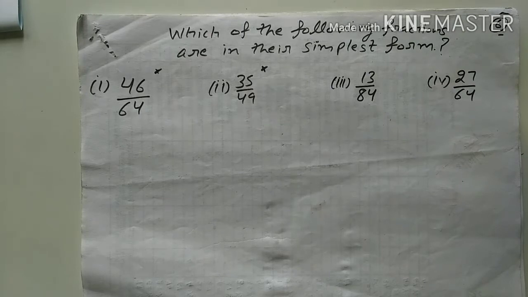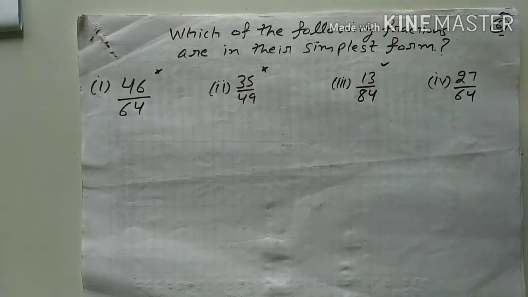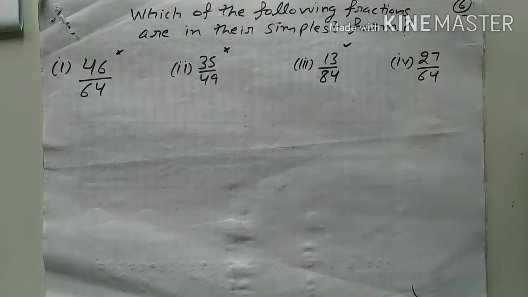So no, 84 is not there in the table of 13. Therefore this is the simplest form. Now 27 and 64. 27 is divisible by 3 and 9, but 64 is not divisible by 3. So you may have to check their HCF.